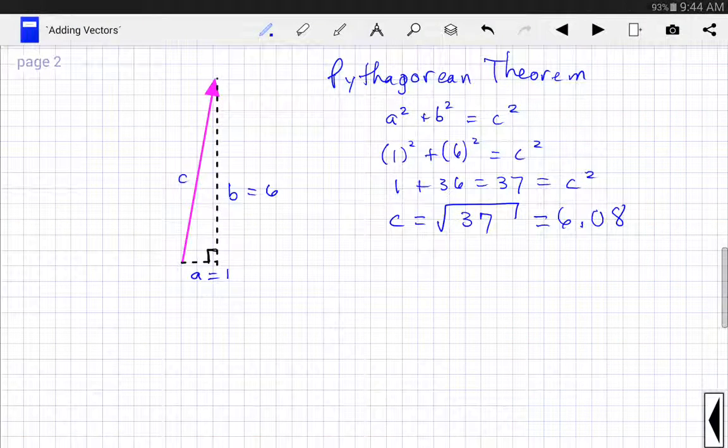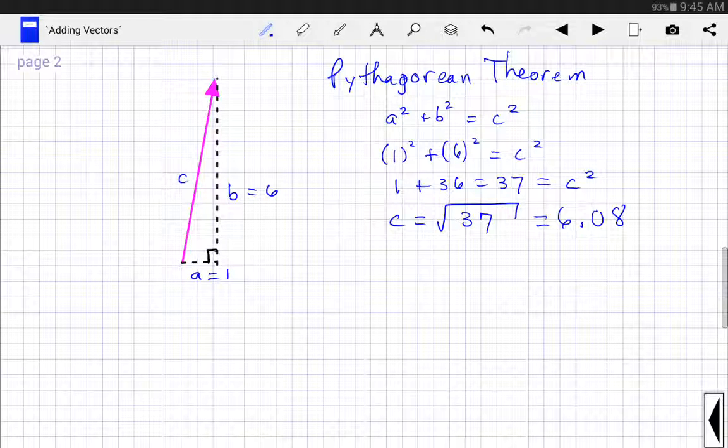Now, in terms of significant digits, how many significant digits do I have? I did not specify how many significant digits I had for these. Using our standard rules, they would have been 1 significant digit, and I would say that's 6 to 1 significant digit. I kept 3 digits here for illustrative purposes.